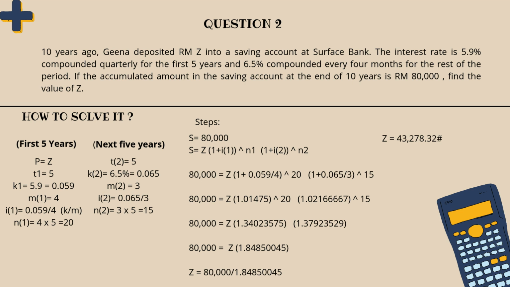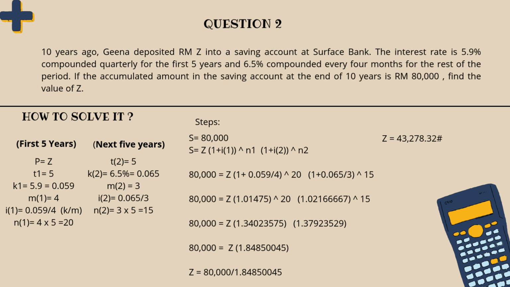For the first 5 years, P equals Z, T1 equals 5, K1 equals 5.9% or 0.059, and M1 equals 4 since it is compounded quarterly. This gives us the interest rate I1 equals 0.059 per 4, and total periods N1 is 4 times 5 equals 20.